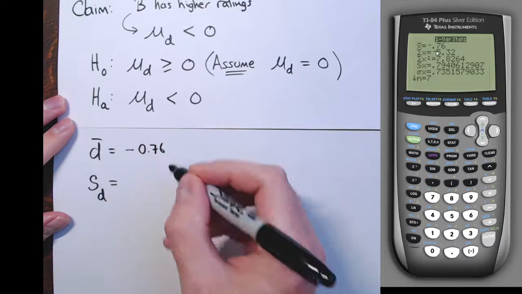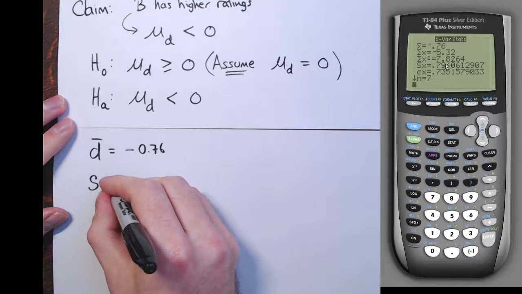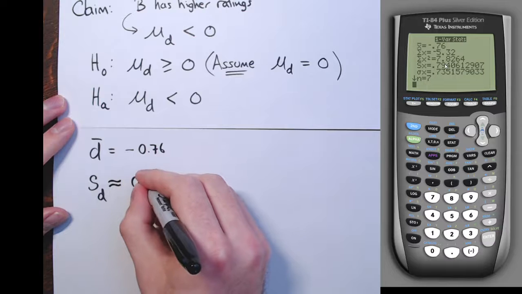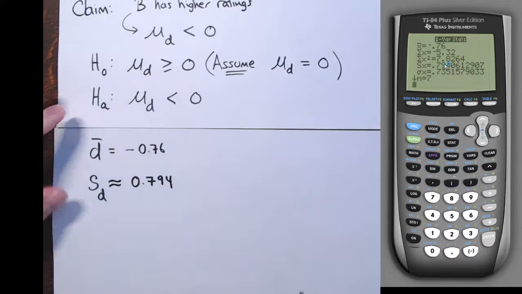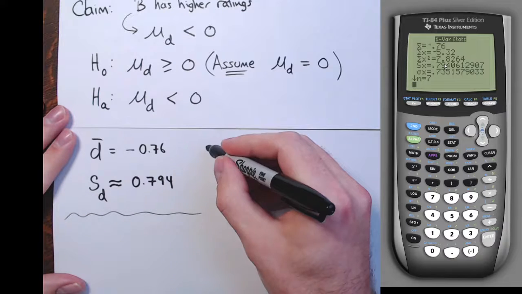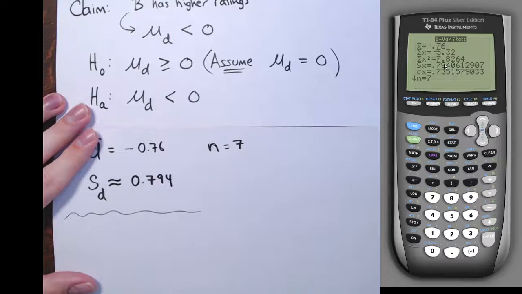That's the average of those differences. And then moving down, you see Sx, that's the standard deviation of these differences, which if I round to 3 decimal places would be 0.794. And again, the sample size is 7, there are 7 of these differences.